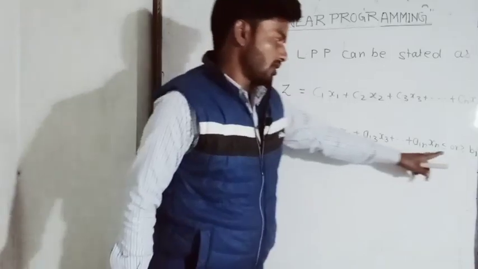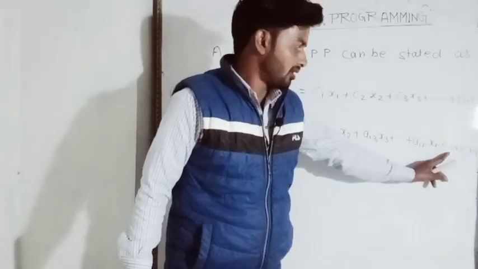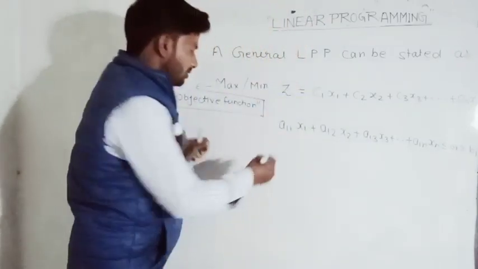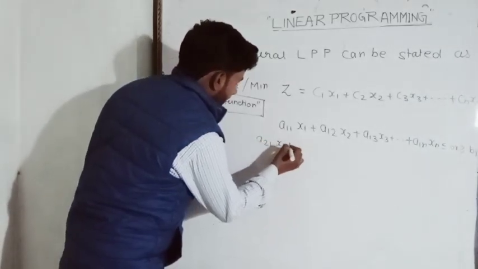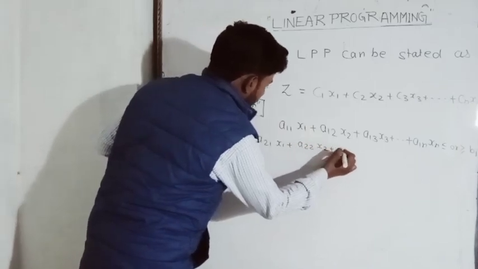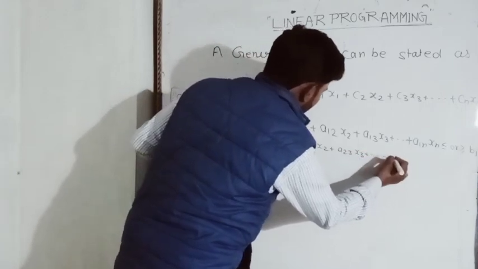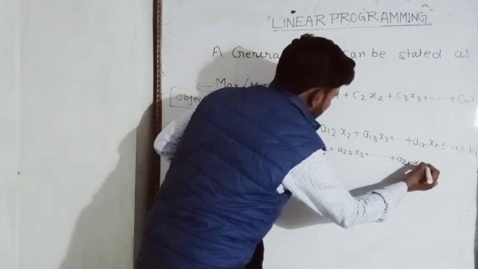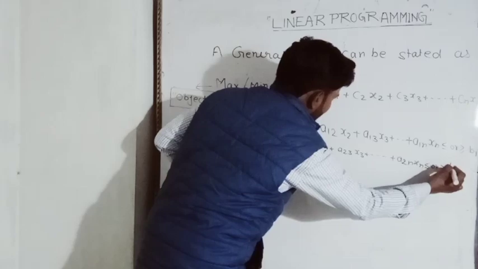There exist two signs, two inequalities. And similarly, a21 x1 plus a22 x2 plus a23 x3 plus so on plus a2n xn is also less than or equal to or greater than or equal to b2.